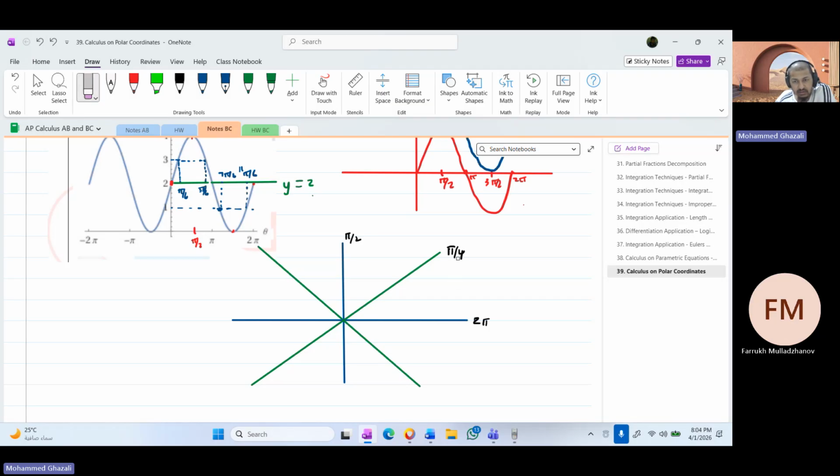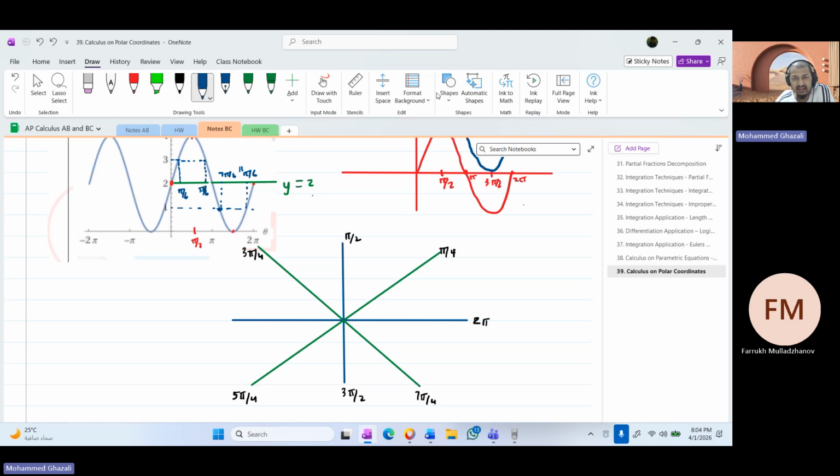Let's count in pi by 6s. No, it's fine. This is pi by 4, that's 2 pi by 4, this is 3 pi by 4, that's 4 pi by 4, this is 5 pi by 4, 6 pi by 4, and this is 7 pi by 4. So I've got all this sorted.